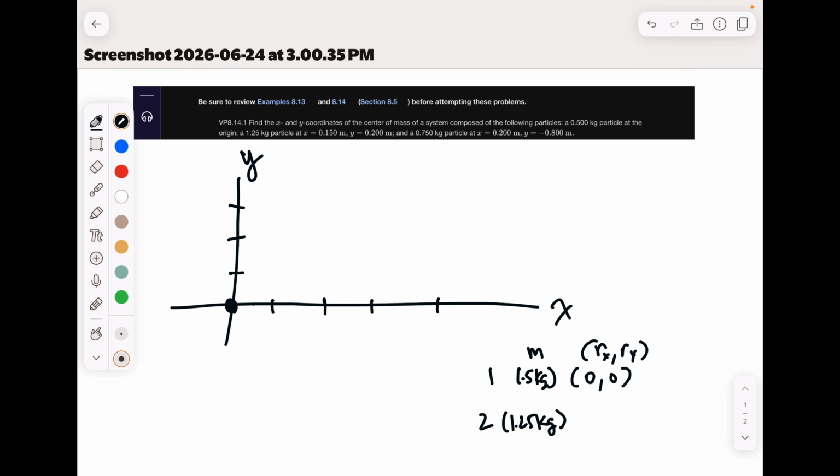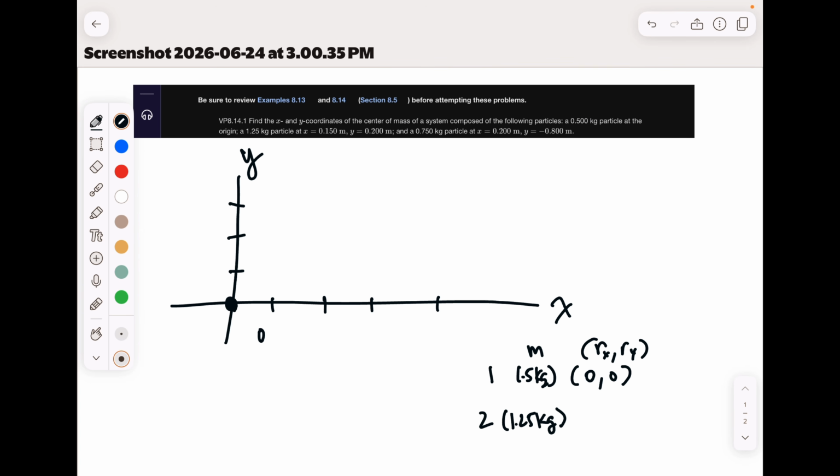And x equals 0.2. So I'm going to make each of these 0.1, just to give it a little bit of a scale. Okay, so over 1.5 up to, okay.